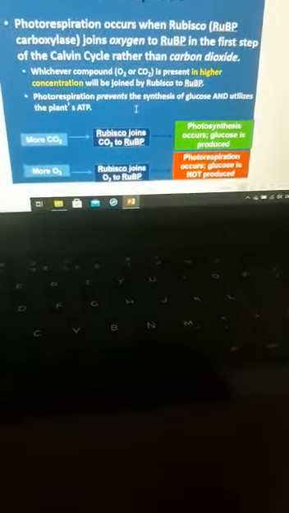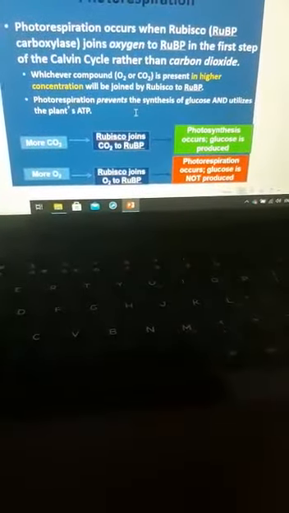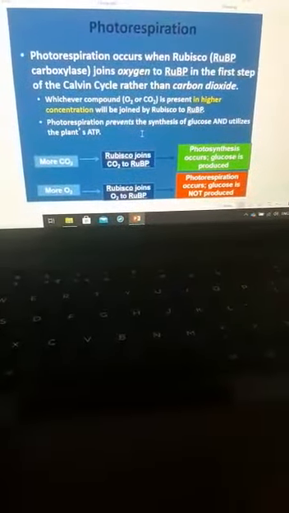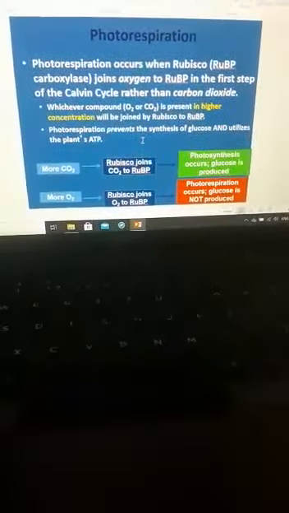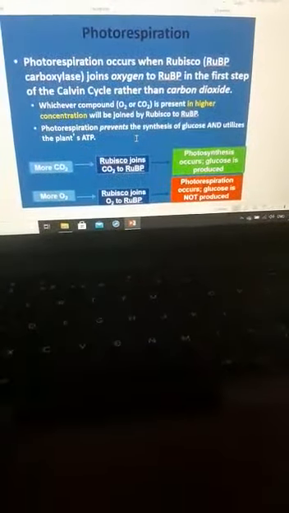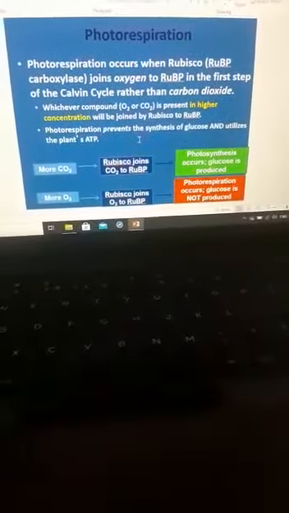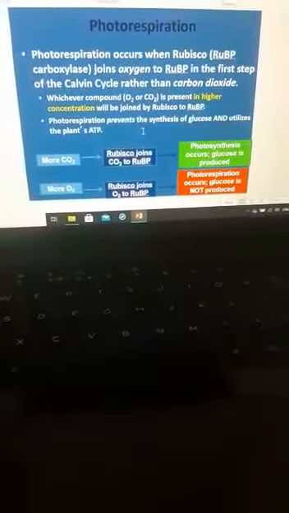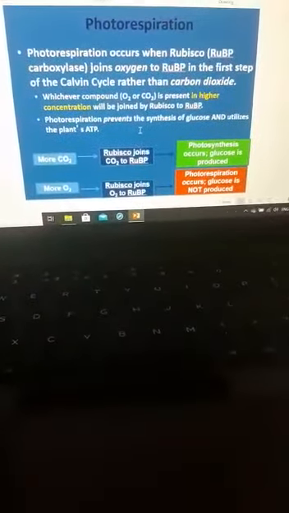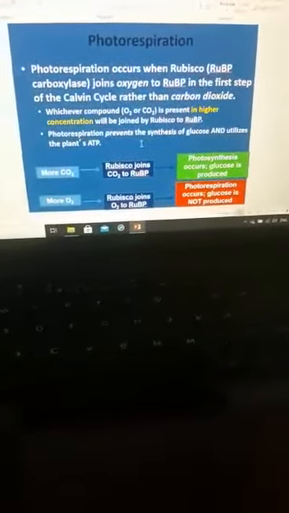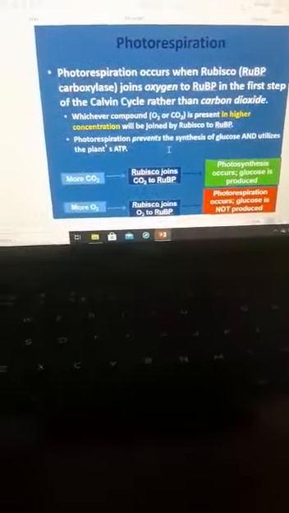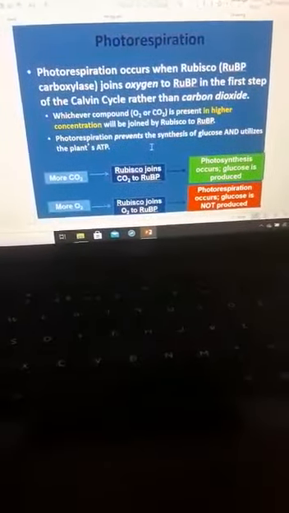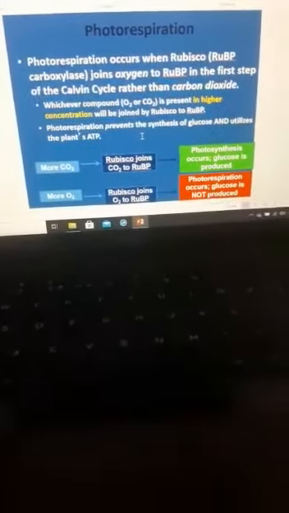This is a very unwanted situation for the plant, because less glucose is made, and therefore that means less productivity for the plant. It means less growth for the plant, and so on. And it also means bad news for us who depend on plants for so many things, food, and so on.